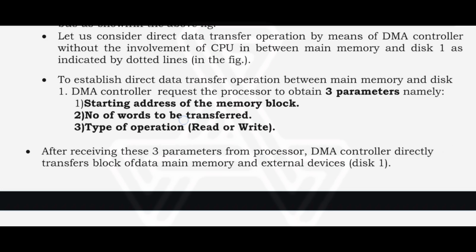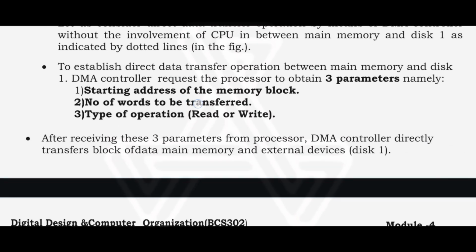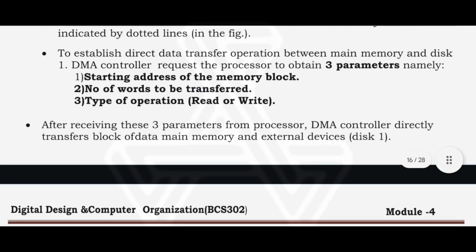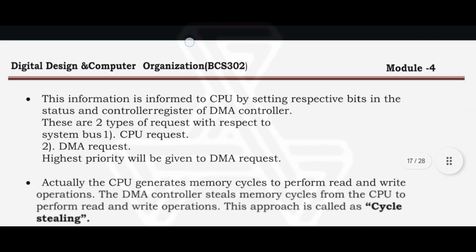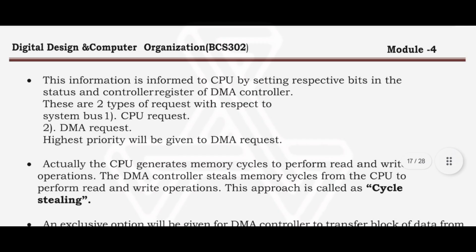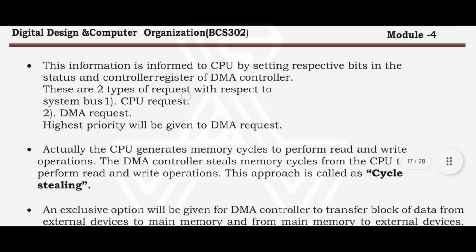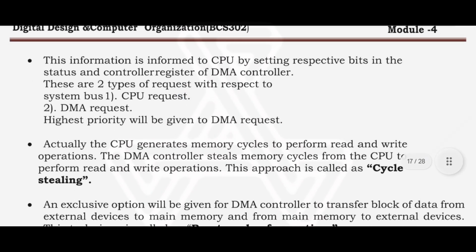After receiving these parameters from the processor, the DMA controller directly transfers the block of data between main memory and the external memory, disk 1. This information is informed to the CPU by setting respective bits in the status and control register of the DMA controller.